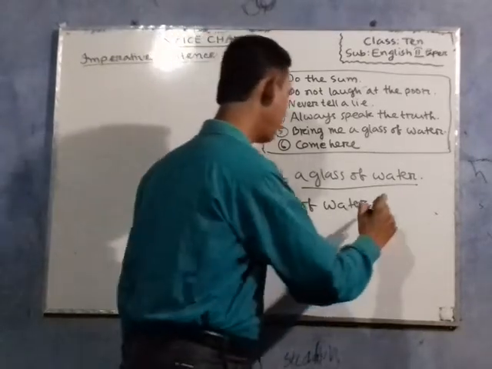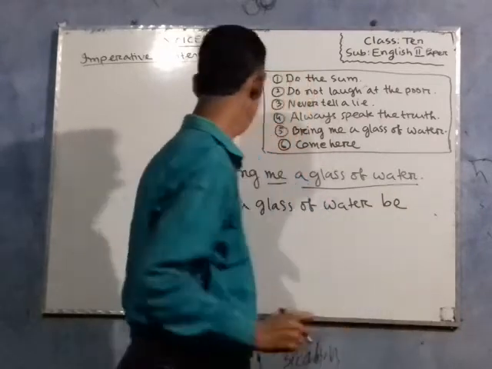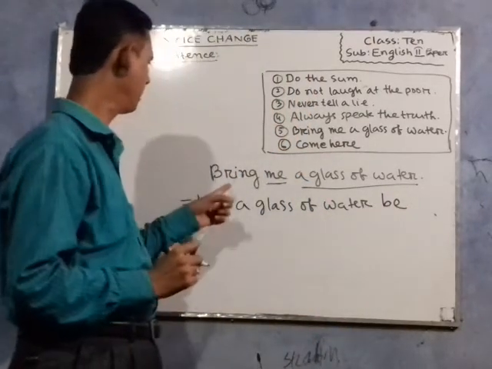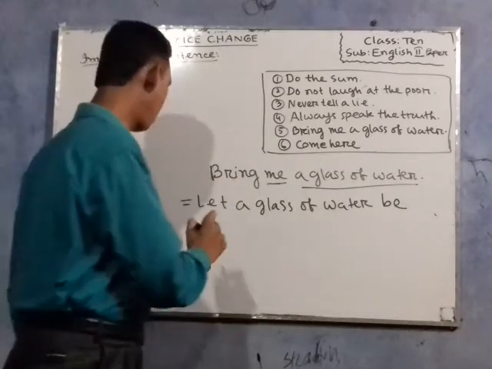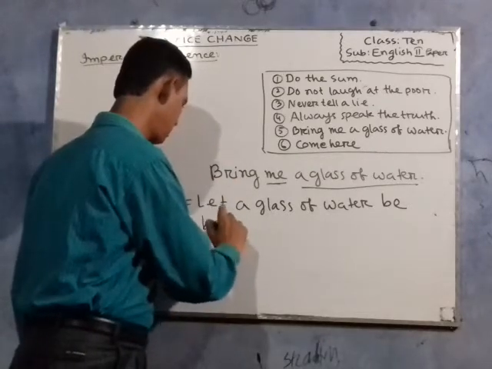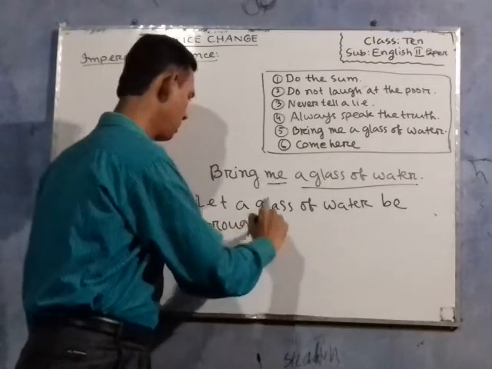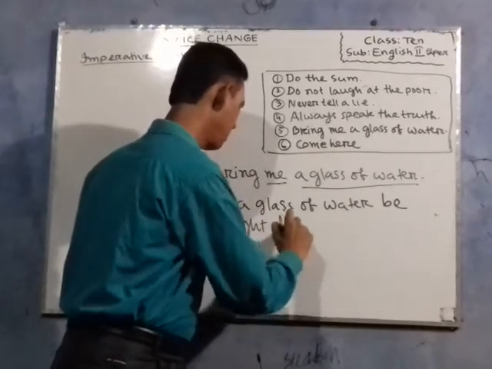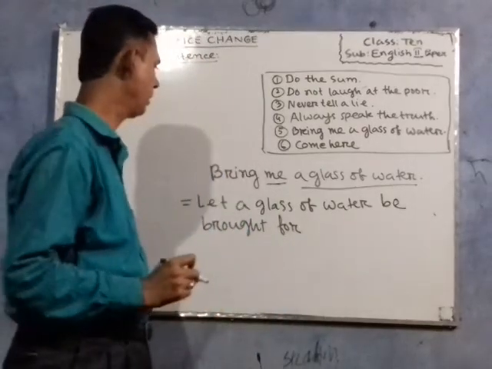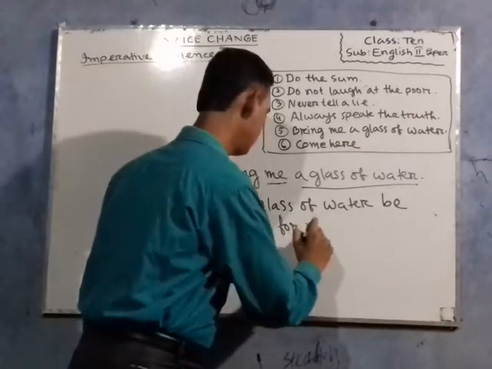Then you have to write "be". After which you have to write the third form of the principal verb here. The third form of the verb bring is "brought". Then you have to write "for". Then you have to write the first object, "me".